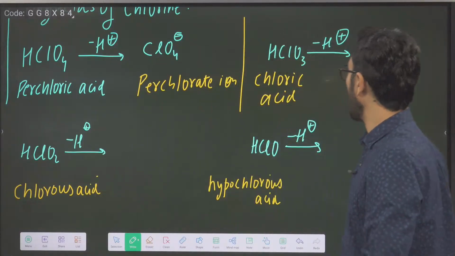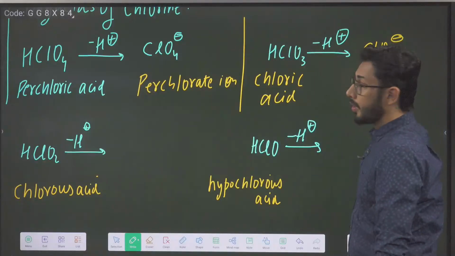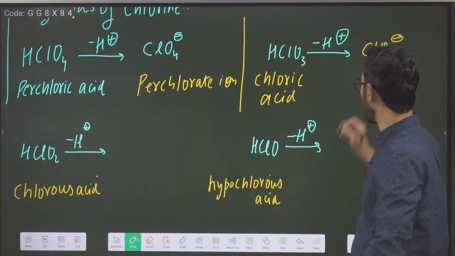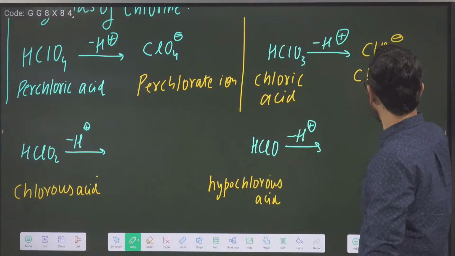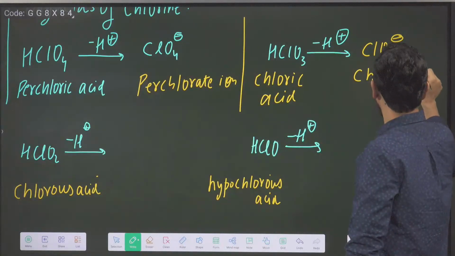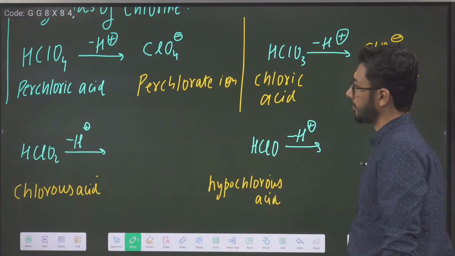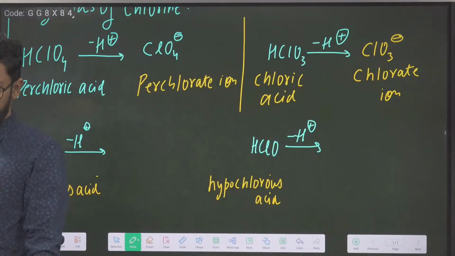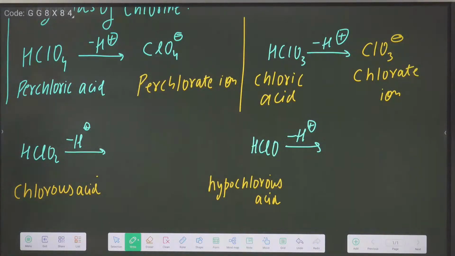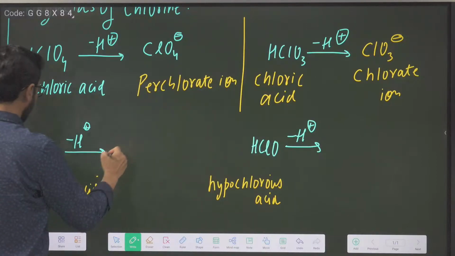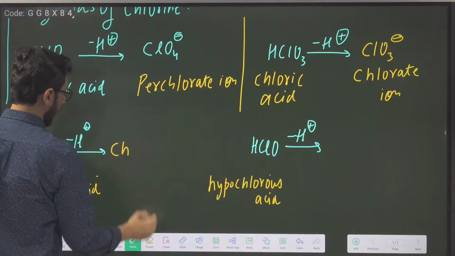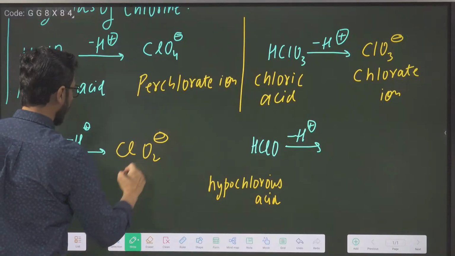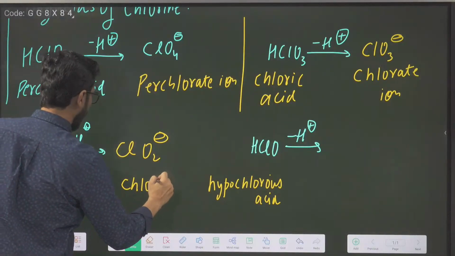Very good. HClO3 is chloric acid. Ic becomes what? Ate. So you will write here, this is which ion? Chlorate ion. Next one, chlorous acid. So the ion becomes ClO2 minus, and this is chlorite ion.